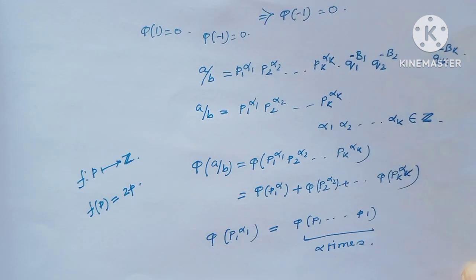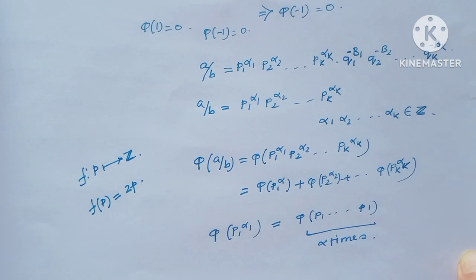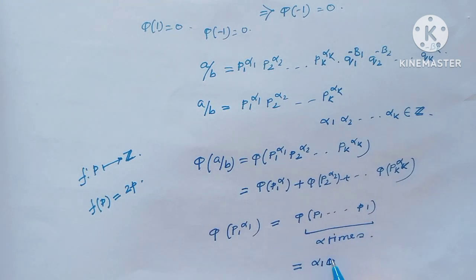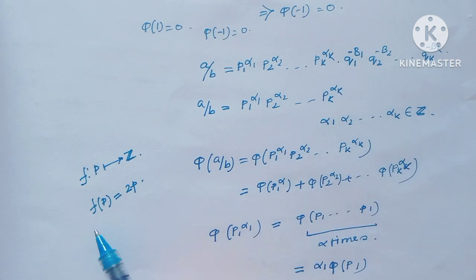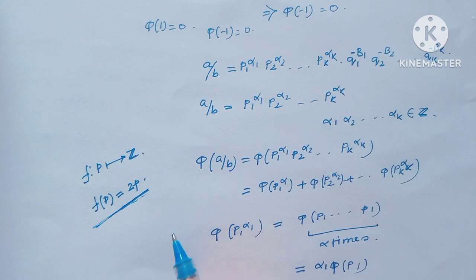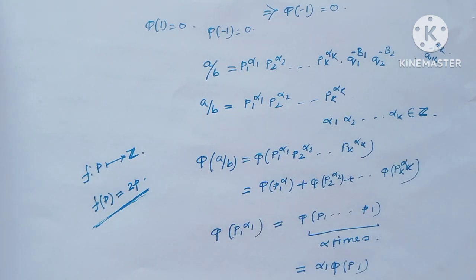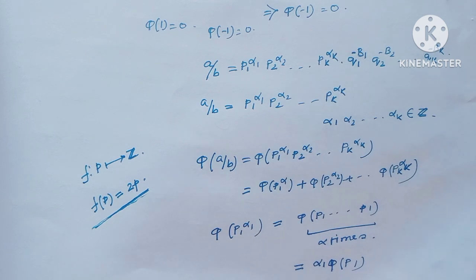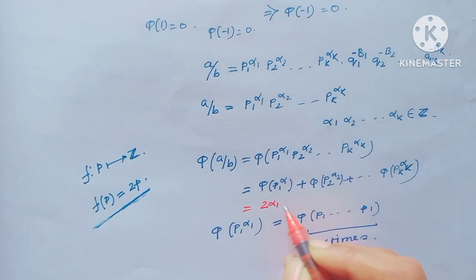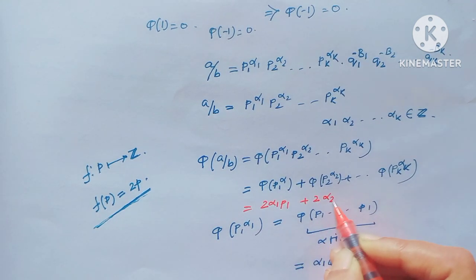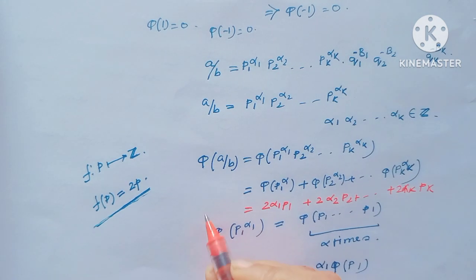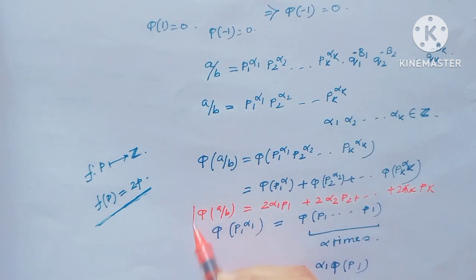Since this is alpha times, we can write this as alpha 1 times phi of P1, and since we can construct a function f of P equal to 2P, this is equal to 2 alpha 1 P1. Therefore, this is equal to 2 alpha 1 P1 plus 2 alpha 2 P2 up to 2 alpha k Pk. Therefore, phi of A over B equal to this.